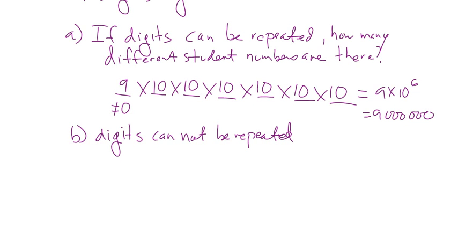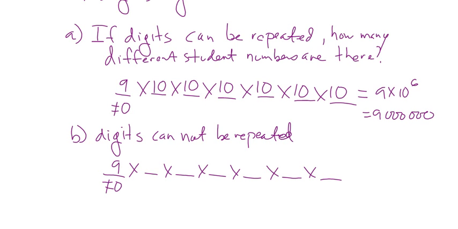Okay, fundamental counting principle always comes in handy here. How many choices for your first digit? Okay, so it still can't be 0, right? How many choices for your second digit? 9. Why 9? Yeah, we already used one, right?